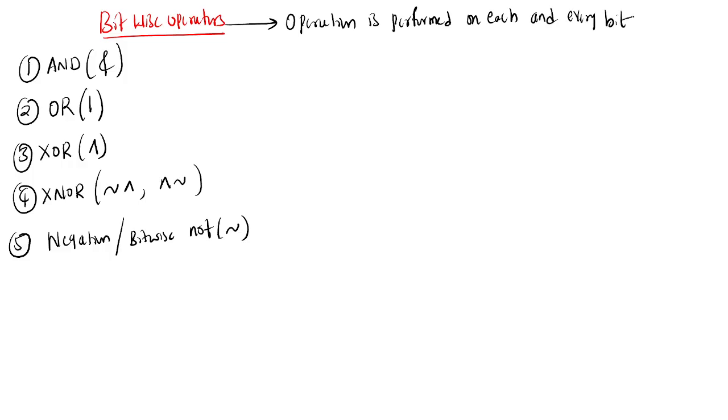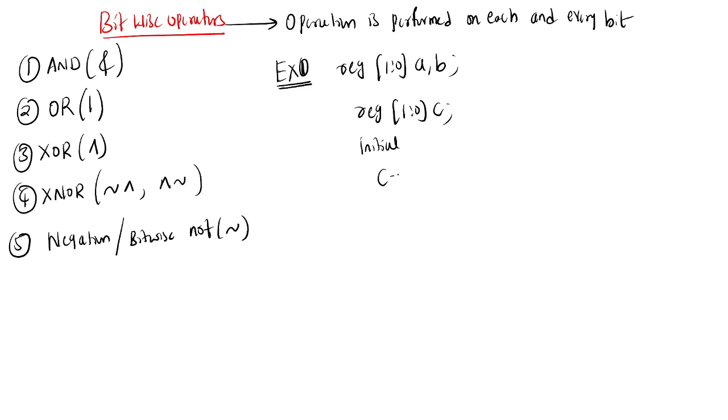Each and every bit. Suppose we'll take one example. Example one. Let us take reg 1 down to 0, let us take a comma b, and reg 1 down to 0, let us take c.